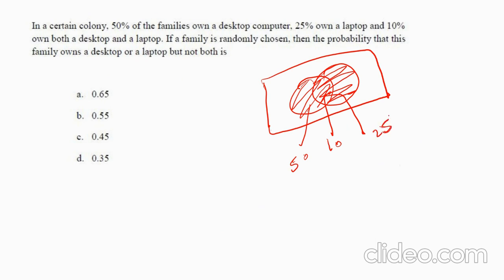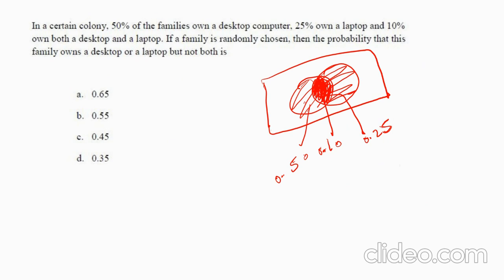25, right? So now if a family is chosen randomly, then what is the probability that the family owns a desktop or laptop, not both? Let's say this is 0.5, this is 0.10, this is 0.25. Not both means this portion will not come. So we want to find this or this.